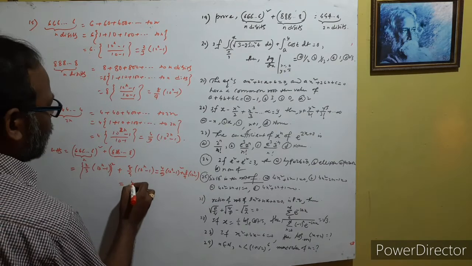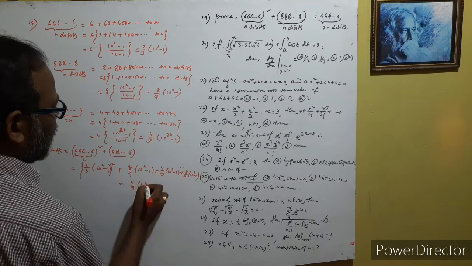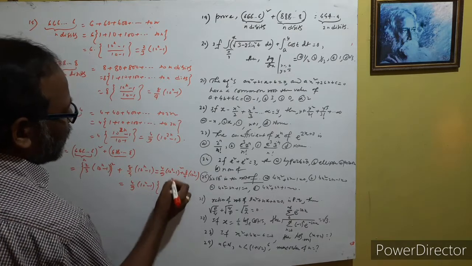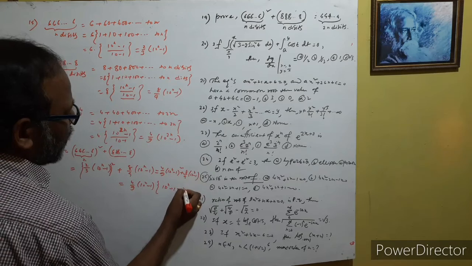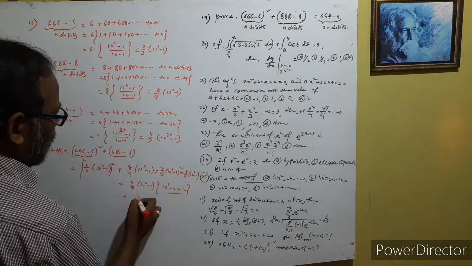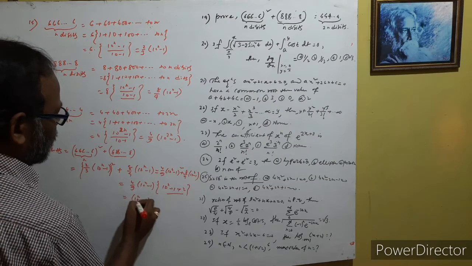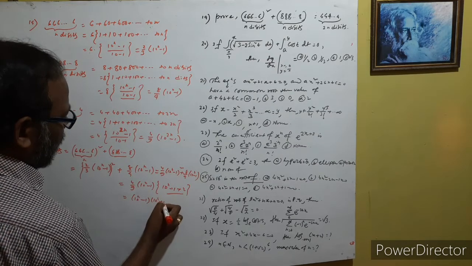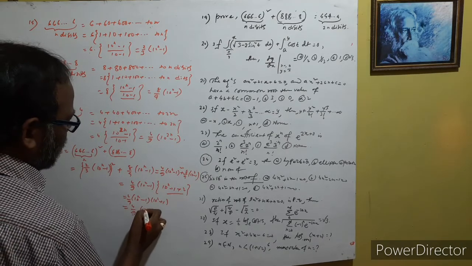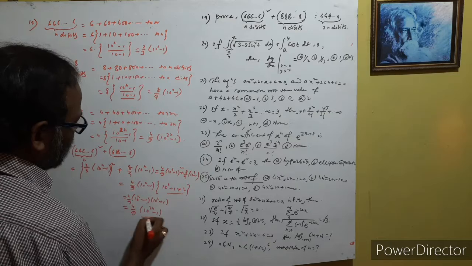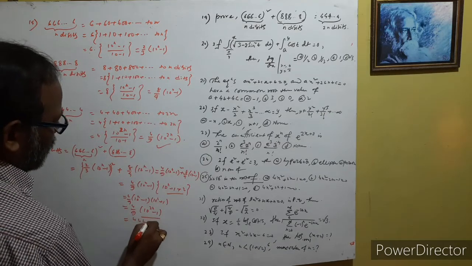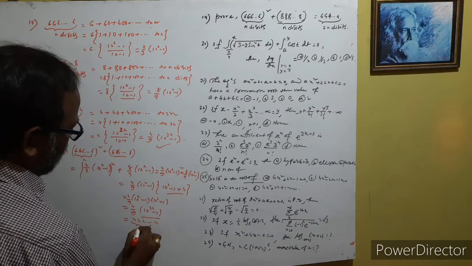Take common here 4 by 9 and (10 to the power n minus 1). So we have left here (10 to the power n minus 1) plus 2, which is 10 to the power n plus 1. So this is 4 by 9 into (10 to the power n minus 1)(10 to the power n plus 1), which is 4 by 9 into (10 to the power 2n minus 1), and that is equal to 444...4, a 2n digit number.